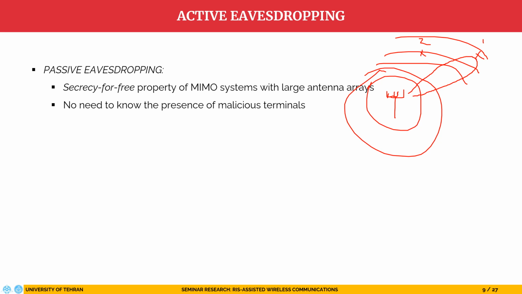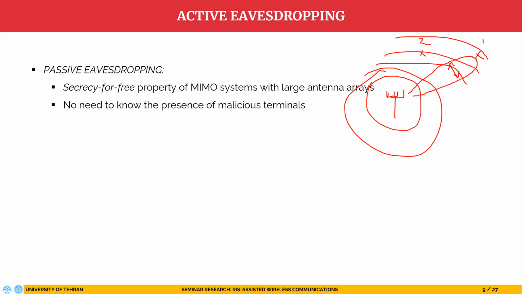So the signal intended for user 1 is not received by user 2. This is a good point here, and also we use less energy. Instead of radiating the signal in all directions, we radiate the signal in just one angle and within a specific bandwidth. This is the bandwidth of the beam.